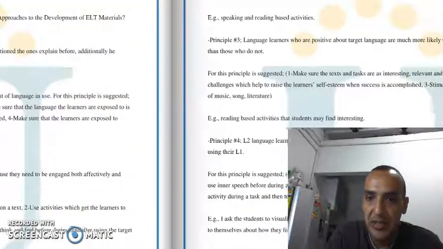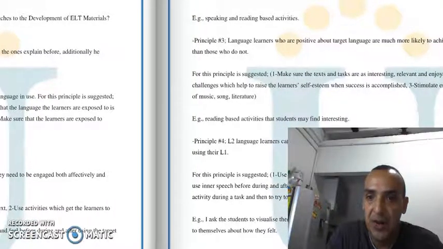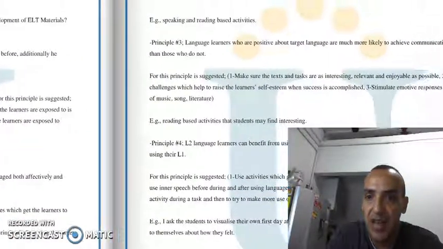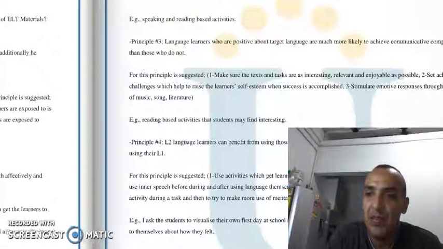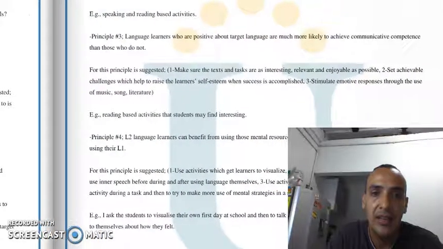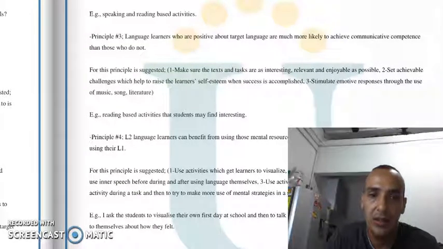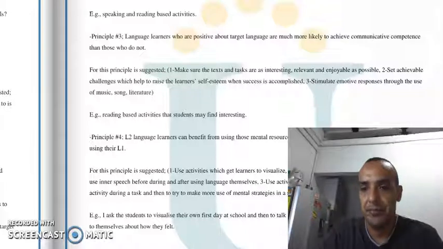Principle number 3 says language learners who are positive about the target language are much more likely to achieve communicative competence than those who are not. For this principle it is suggested to make sure the texts and tasks are as interesting, relevant, and enjoyable as possible.